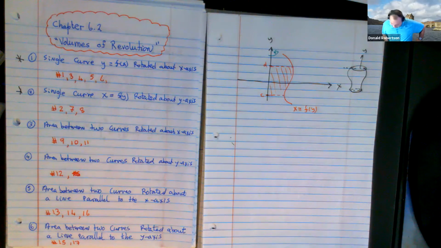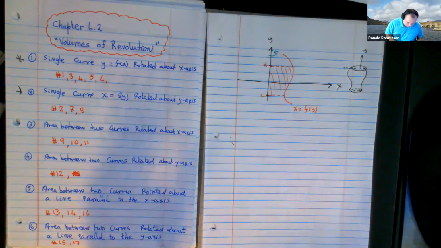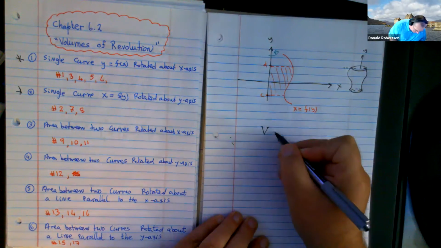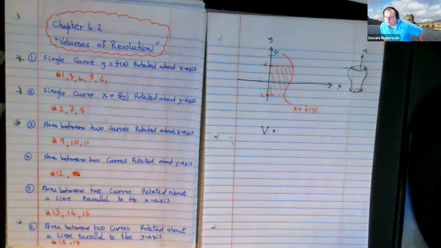Now, we need a formula, just like we did before for rotating about the x-axis. Now, a lot of math has patterns and symmetry to them. So when you know the answer to one situation, you can very often use that answer to help us with a different situation. So, no, that's not the one I want.